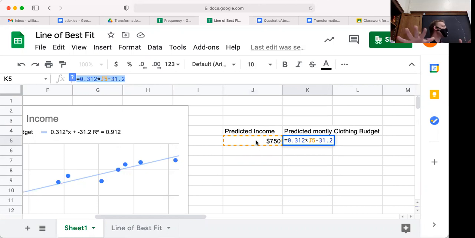If you put this somewhere else, then it might be a different cell, but click on whichever cell you are using with your predicted income here. So if you put things in a different position, you might have something other than J5. For me, it was J5 because that's where I put the number for the predicted income. Good questions. Other questions?